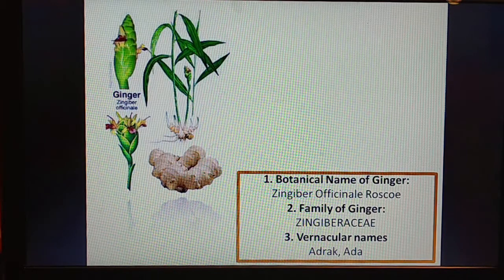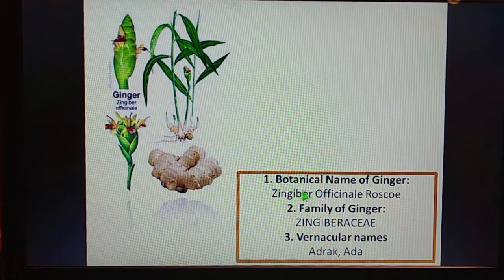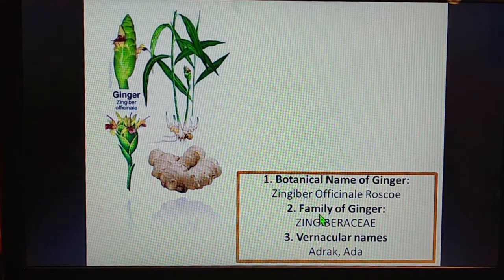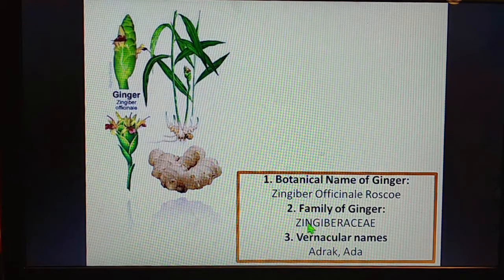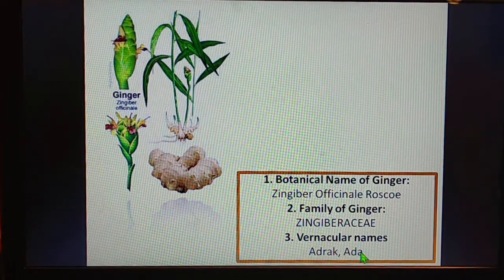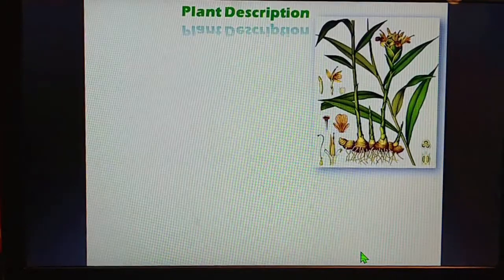Now the botanical name of ginger is Zingiber officinale, and it belongs to the family Zingiberaceae. It has vernacular names such as adrak and ada.